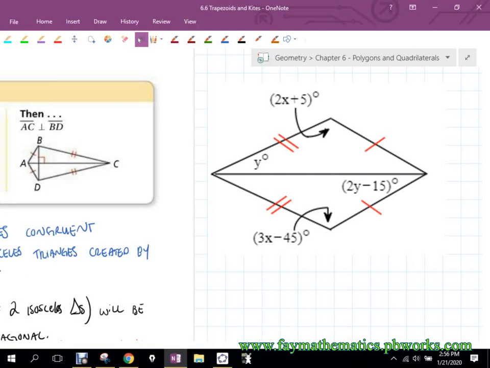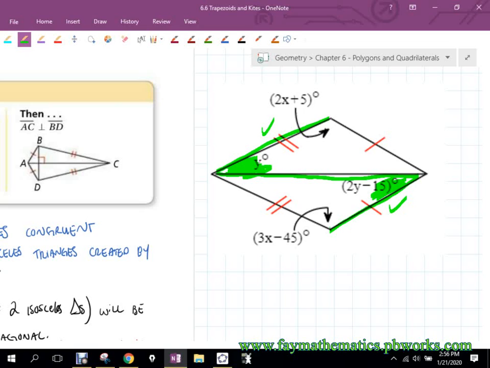If I look at that image right there, it looks like I've got a line here, a line there, cut by a transversal, and they're trying to get you to say, well, Y has got to be equal to 2Y minus 15. Well, think about that. If I were to say Y is equal to 2Y minus 15, that is going to make that top green line that I highlighted and the bottom green line that I highlighted parallel.